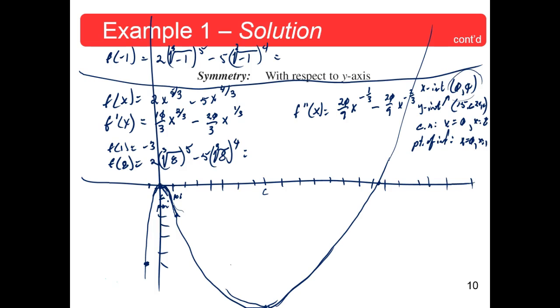You do it. 2 times 16, caret, parentheses 5 divided by 3, close parentheses, minus 5 times 16, caret, open parentheses 4 divided by 3. See what you get.